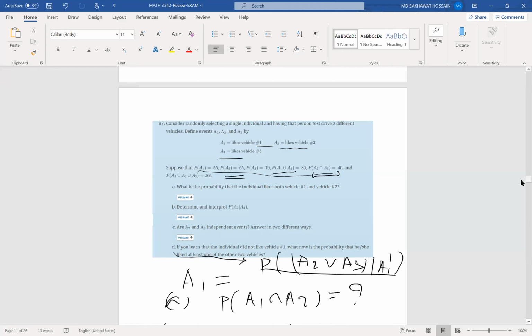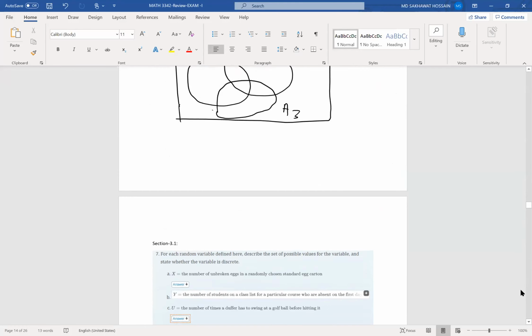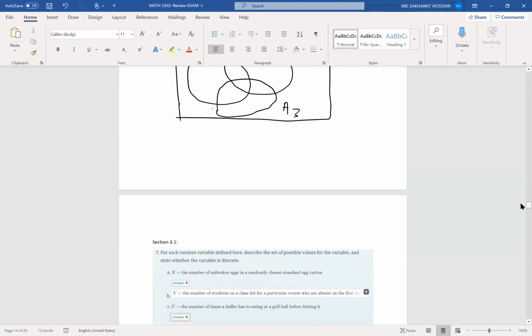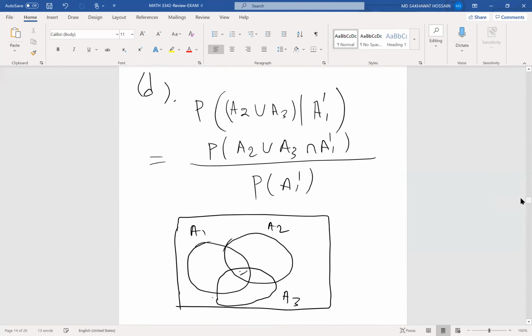You have to calculate so many probabilities. So let's try to use the formula then. Because if you want to construct the Venn diagram, you have to calculate the intersection of all three, which is not given. So you have to also calculate this one. So how can we calculate this one?